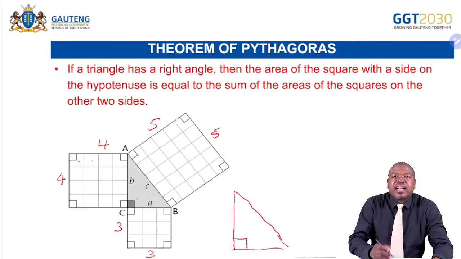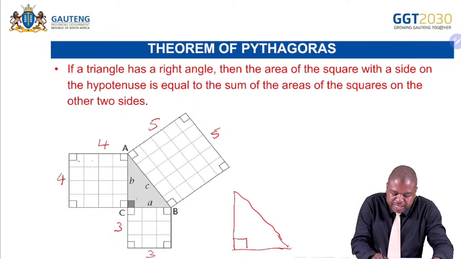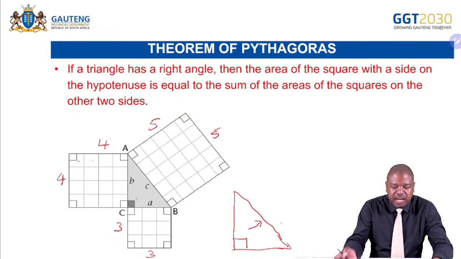And the right angle, which is 90 degrees, is the largest angle in a right-angled triangle. So this side opposite the right angle is called the hypotenuse.